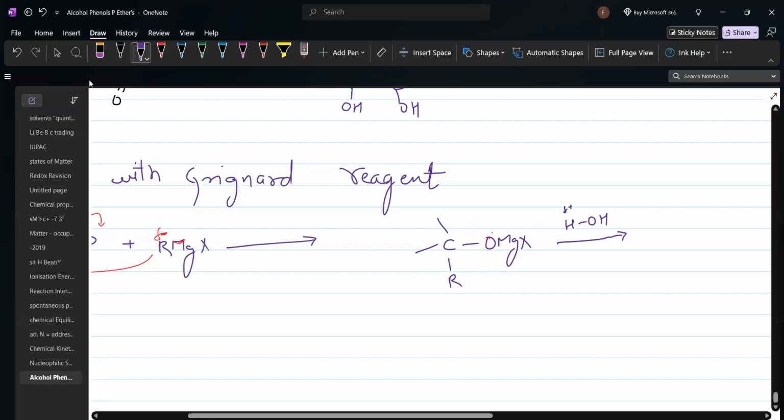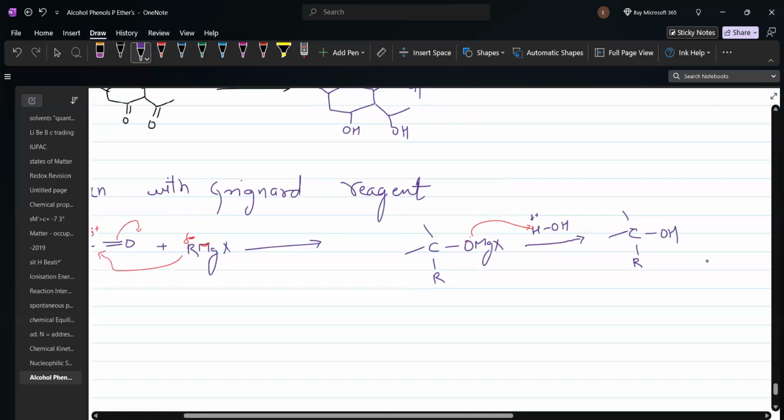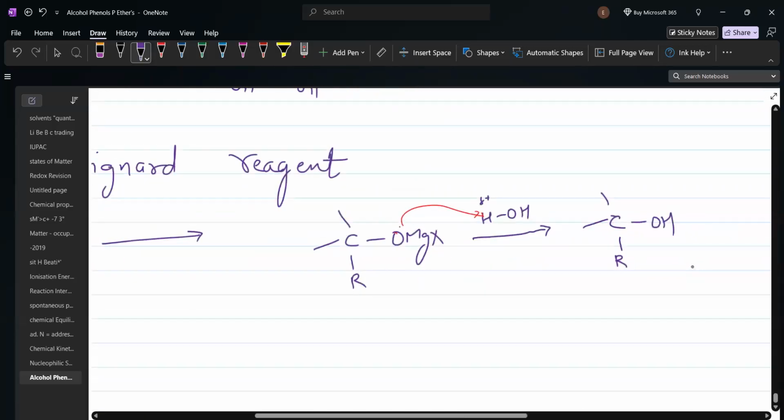So O minus will attack on this H, and will take this H. That is how ROH will form. This one will be the final product. The rest we don't have to worry about. The main product will be this one.